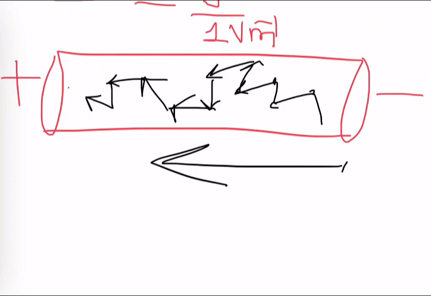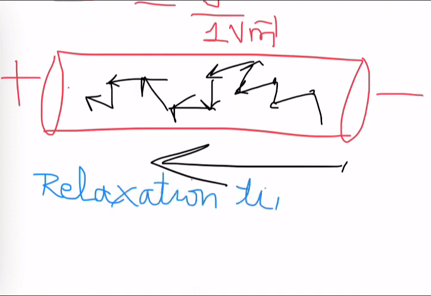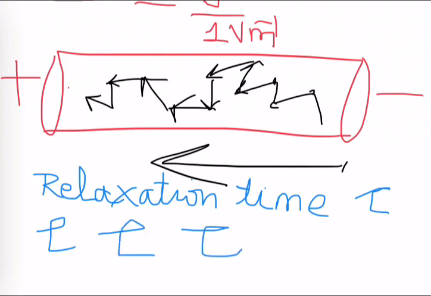Here they define a technical term called relaxation time, represented by the letter tau. This is how we write tau.